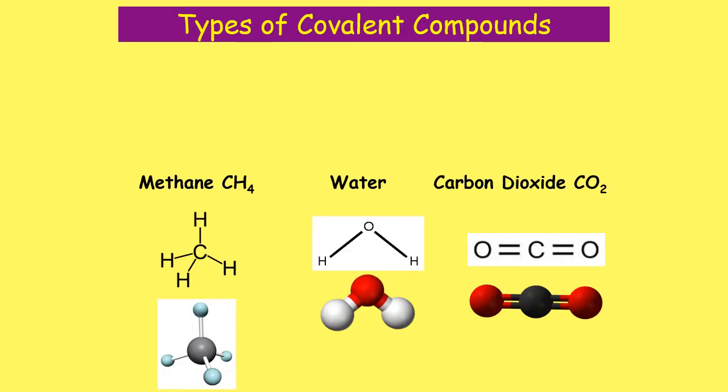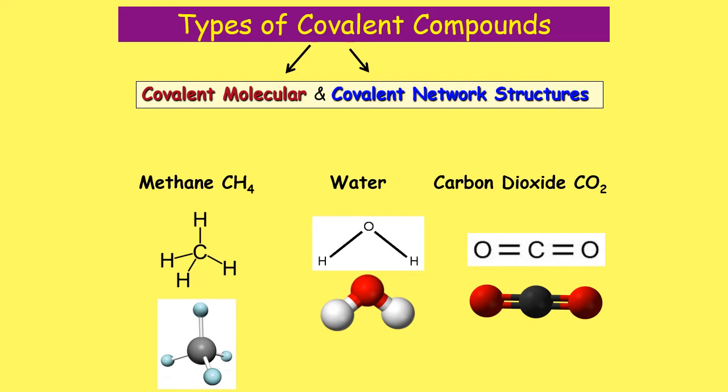So in terms of types of covalent compounds, we have two types. We have covalent molecular and covalent networks. All the molecules along the bottom are covalently bonded molecules that you have seen before.